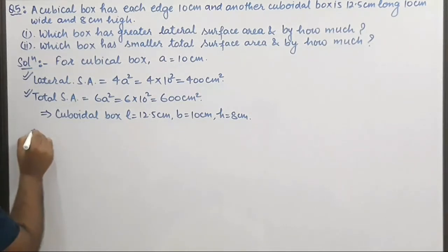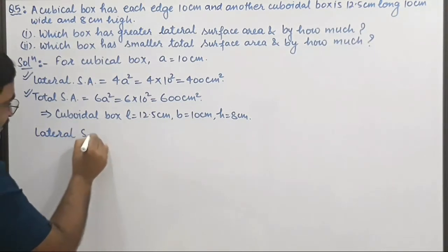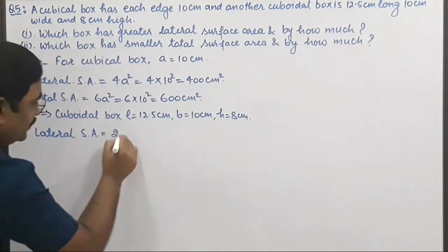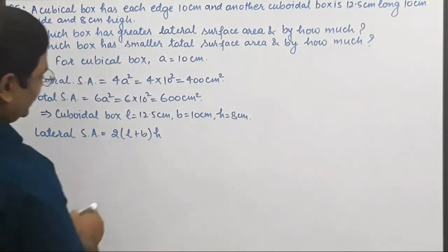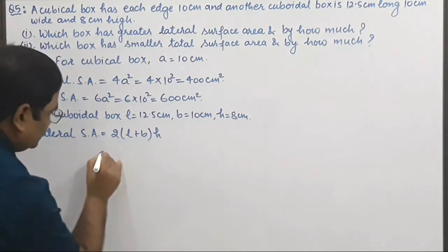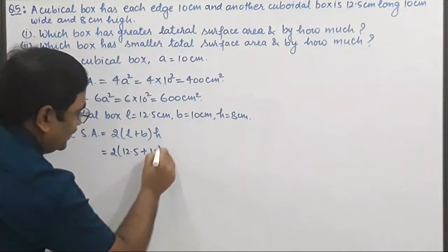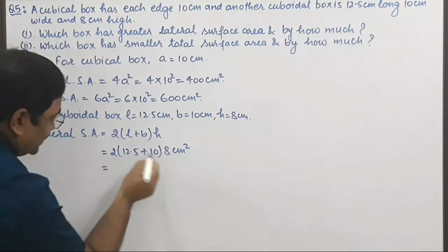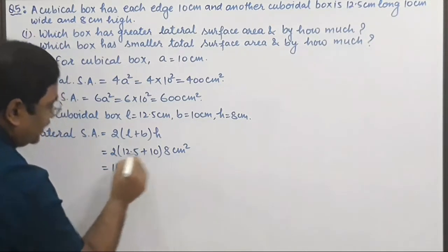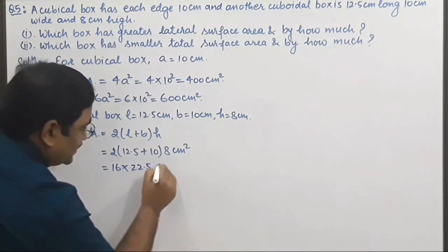You know that the lateral surface area of cuboid is equals to 2 into l plus b into h. So let's simplify it. 2 into l is 12.5 plus b is 10 into height is 8 centimeter square. Okay, so 8 twos are 16 multiplied by 12.5 plus 10, which is 22.5 centimeter square.